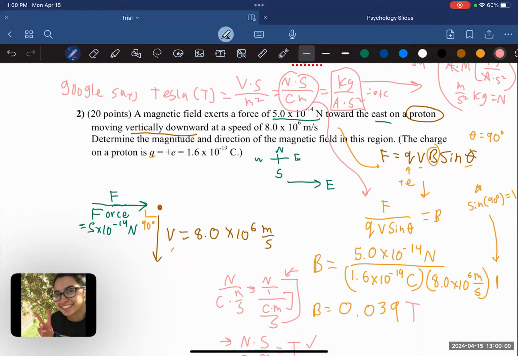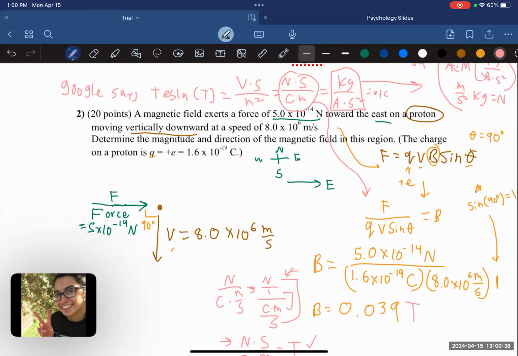And we know that for the right-hand rule, there was the IVB version and the FBI version. And for the FBI version, the force is your thumb. So we're saying the force is coming in this way, right? We should know our I. How do we know our I? We know our I because it's the same as the velocity, right? Because in this case, we have a proton, and it's going with the velocity.